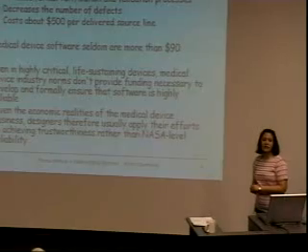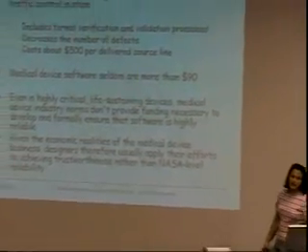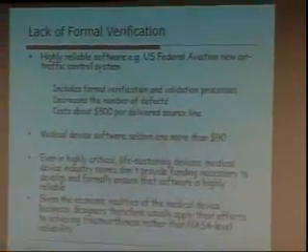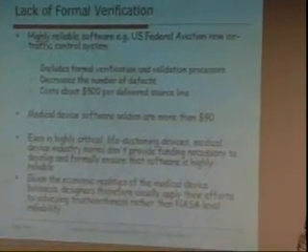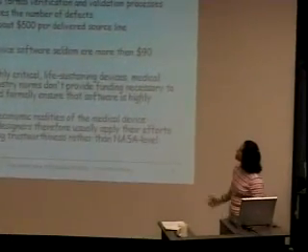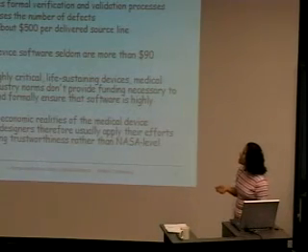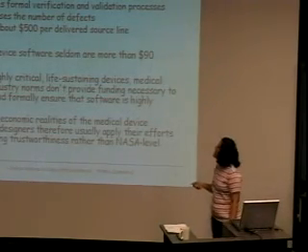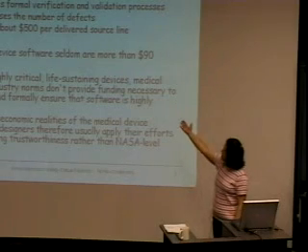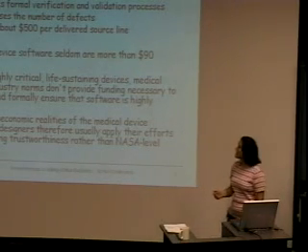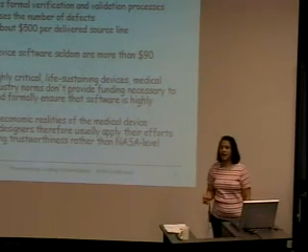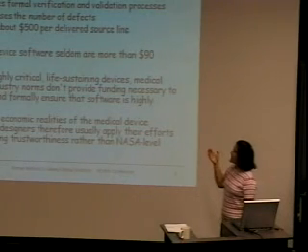An example of highly reliable software is the US Federal Aviation new air traffic control system. But in general, all highly reliable software includes formal verification and validation processes, and they cost about $500 per delivered source line. Compared to that amount, medical device software seldom costs more than $90 per delivered line of code.